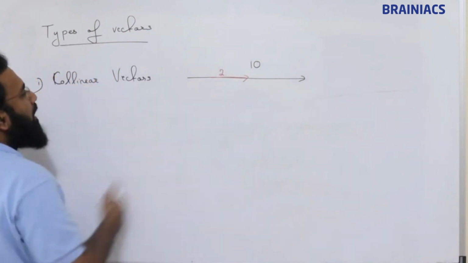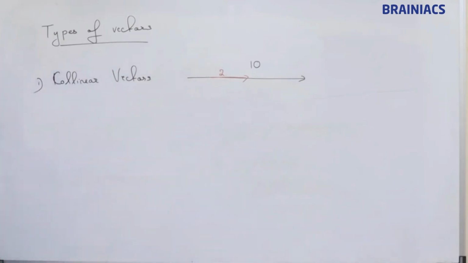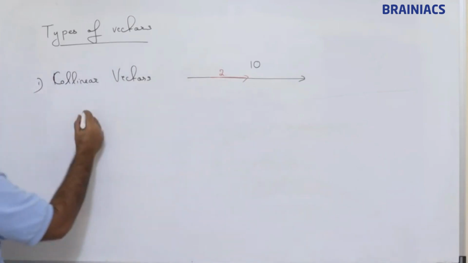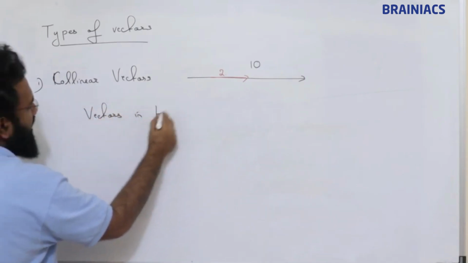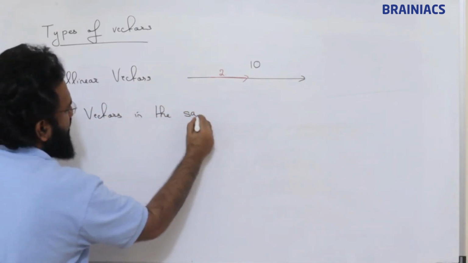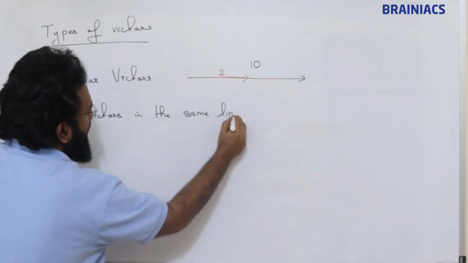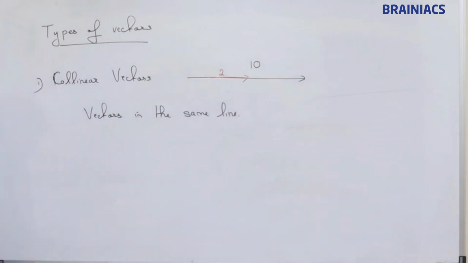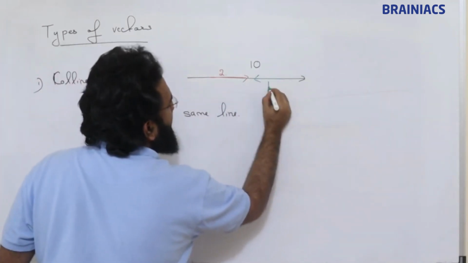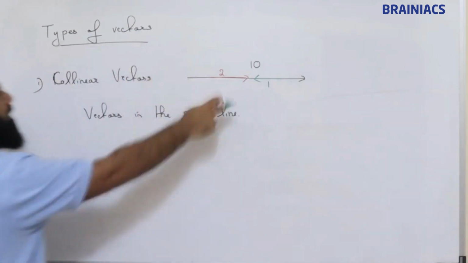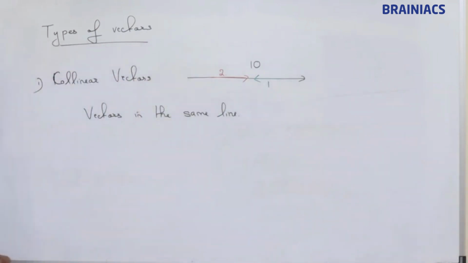These two are collinear vectors: vectors in the same line. If I need, I can have a vector in the opposite direction also. This is another vector whose magnitude is 1. All these are collinear vectors.